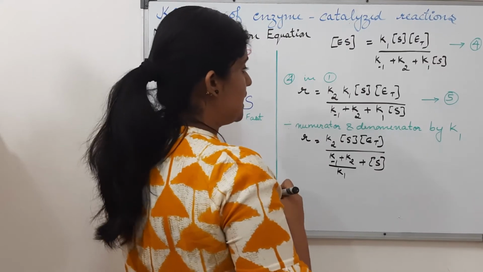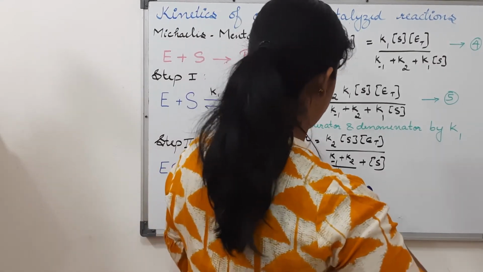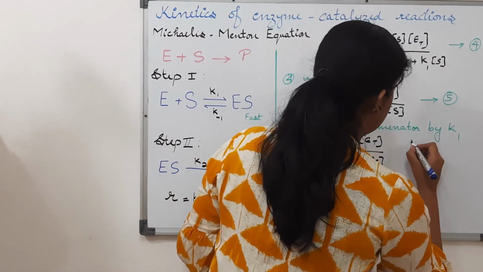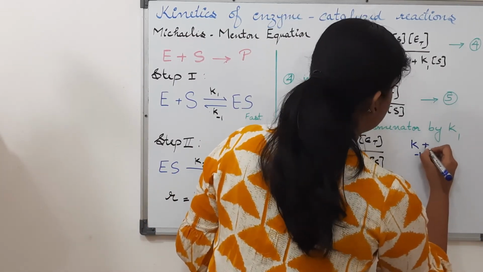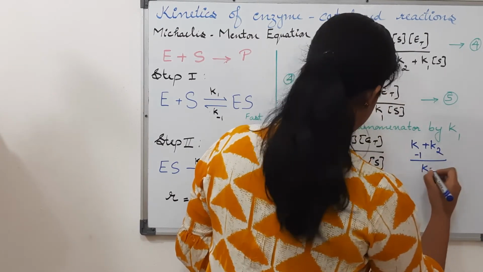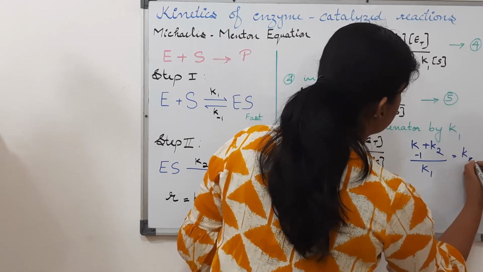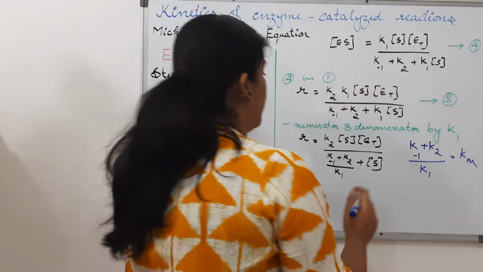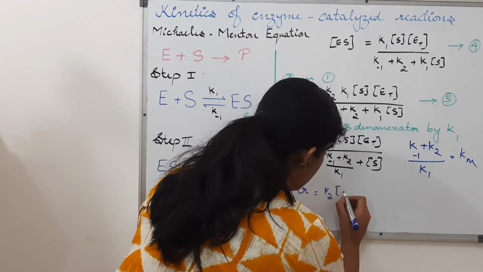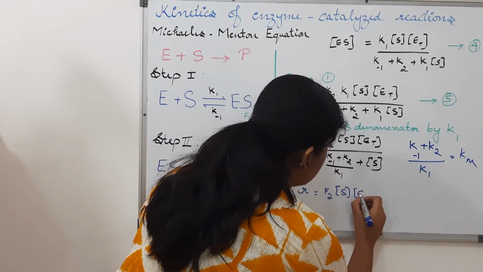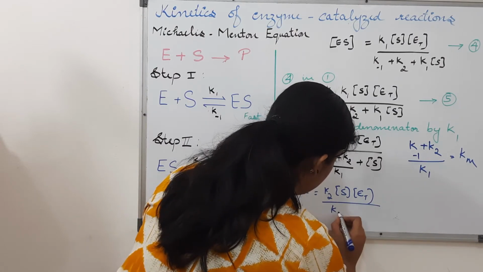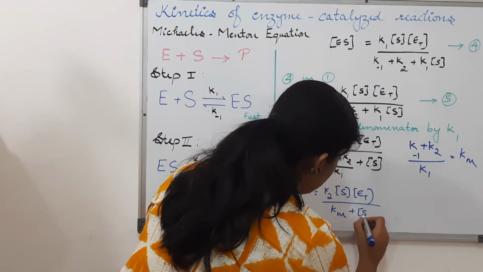Now this K minus 1 plus K2 by K1, this particular thing that we have in the denominator, can be represented by Km, which is my Michaelis constant. So when I put it as Km, my rate would turn out to be K2 into substrate concentration times the total enzyme concentration divided by Km plus substrate concentration.